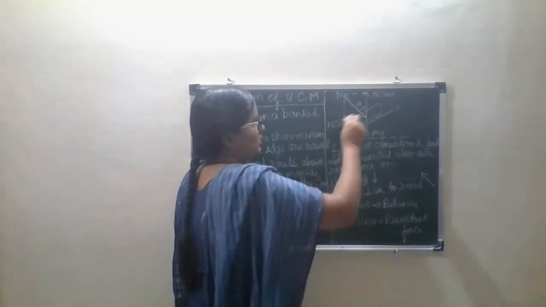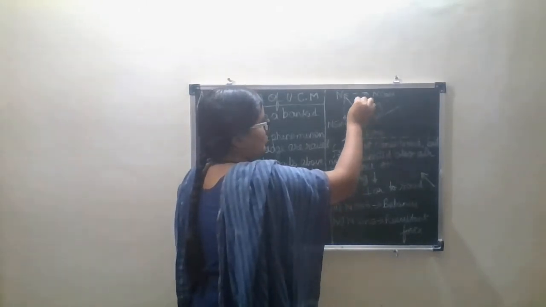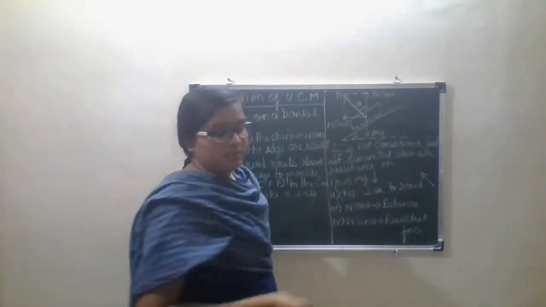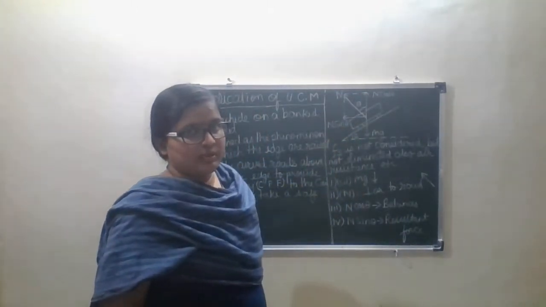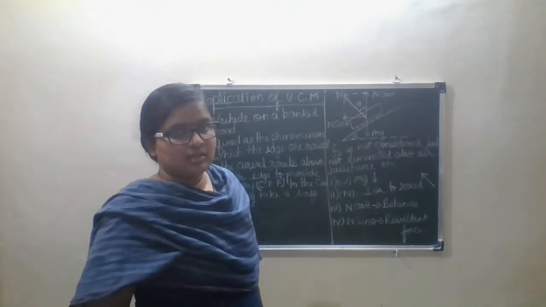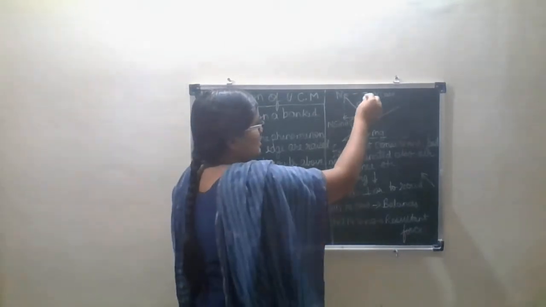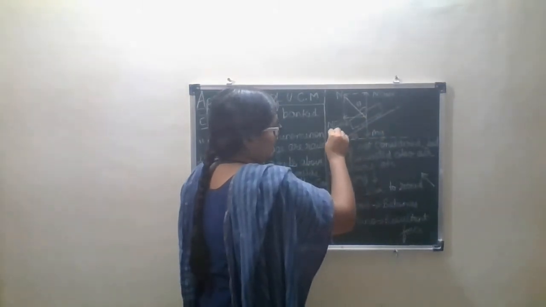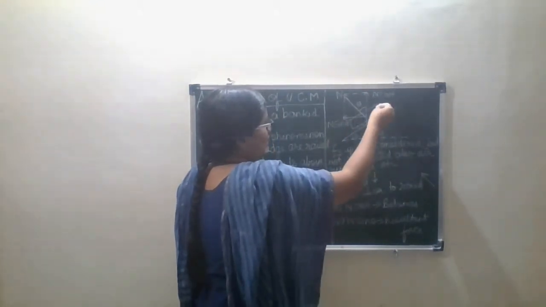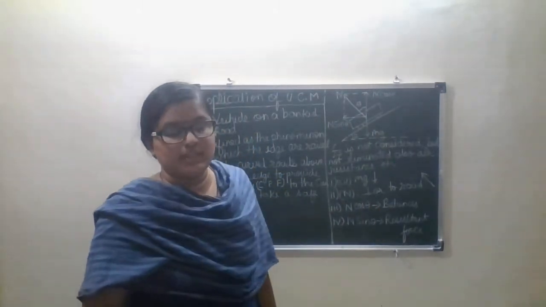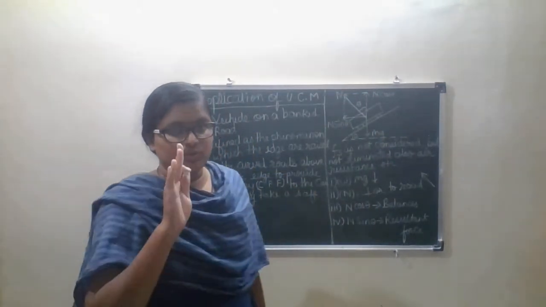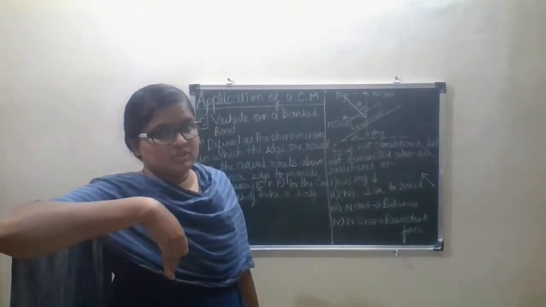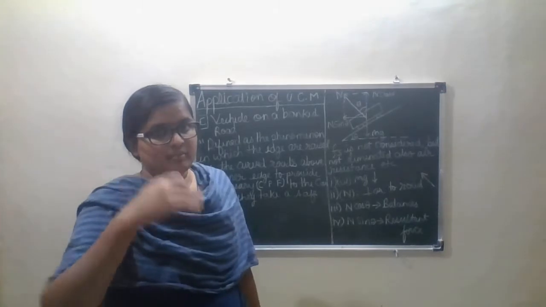The angle is theta. We have considered this is the normal reaction and we have to resolve it into two components, meaning we have to balance. This is N cos theta and this is N sin theta. We know very well that if one force is acting upwards and a second force is acting downwards, they are balancing each other.